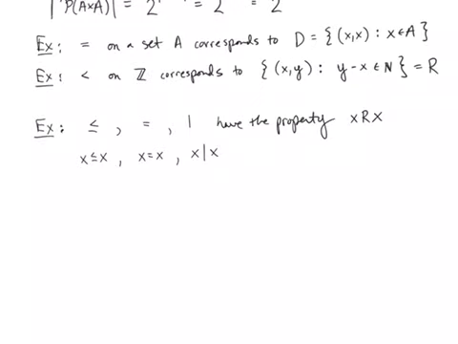And this is all for appropriate x, for which these relations make sense. These are always true properties, right? But for example, less than does not have this property, because x less than x is never true.